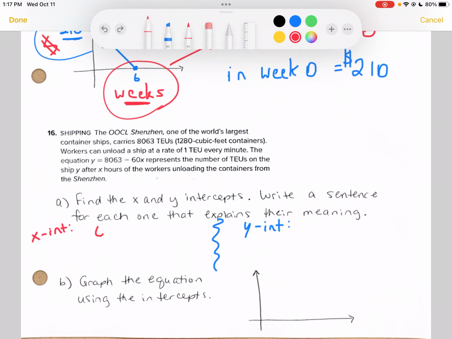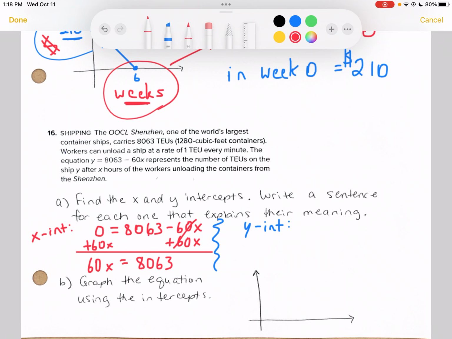So take this equation and say 0 equals 8,063 minus 60x. Add the 60x across to the other side. So I've got 60x equals 8,063.